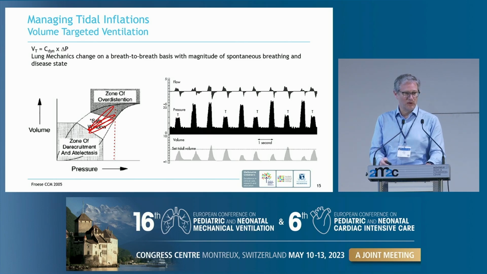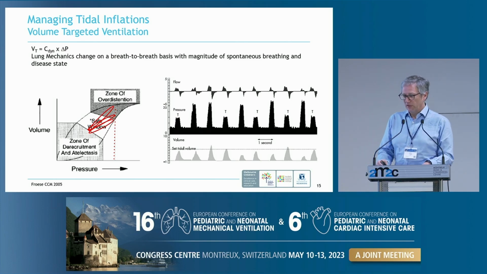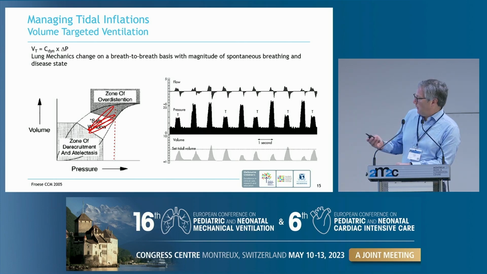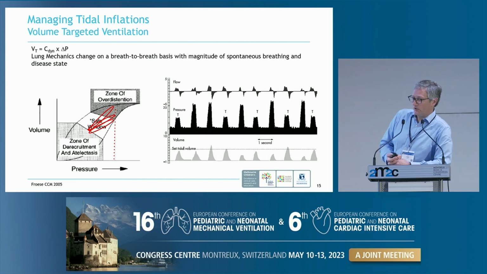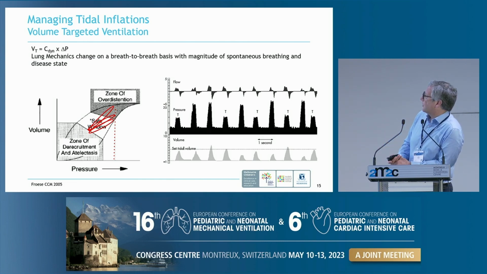and we would then hope that the tidal volume is one where we are applying tidal ventilation safely. We know that tidal volume is equal to compliance times delta P. In a lung disease which is rapidly changing, we're going to see that in that situation, if we have a constant delta P and our lung compliance changes, our tidal volume will change, and there's the potential that the patient could get a tidal inflation which is very high or a tidal inflation which is very low, and take the baby out of the zone which we think is safe for tidal ventilation.